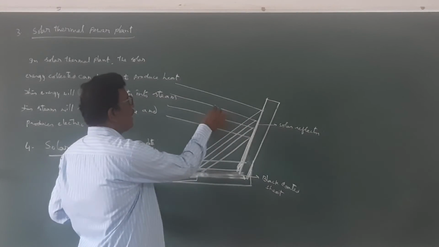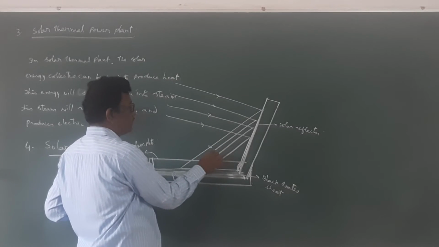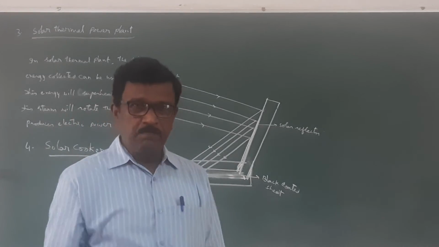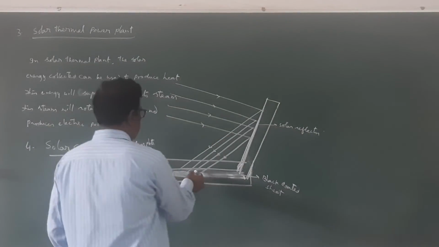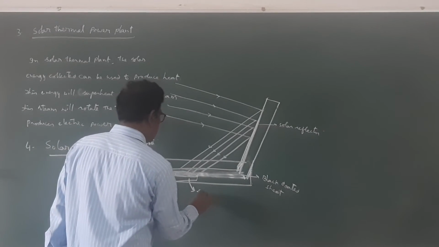All this reflected light is focused into a beam, and a large amount of heat can be produced. In the presence of this heat energy, food material can be boiled.